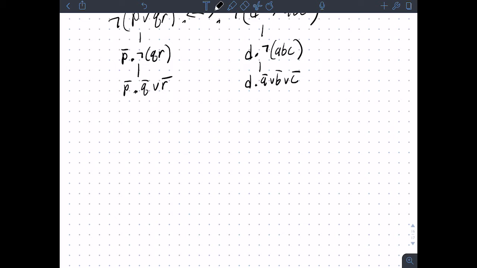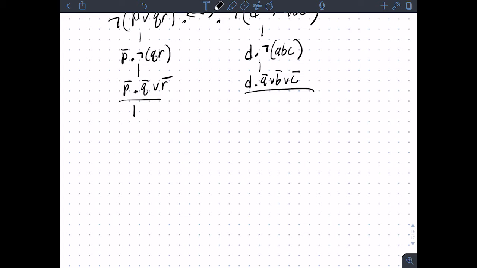Yeah, let me work this out real quick. So what we're doing here is we're distributing conjunction through alternation on both sides. And how that's going to work is, I'll just show you. Double check to make sure I'm right. Again, this is one of those things where I'll make mistakes. Okay, yeah.